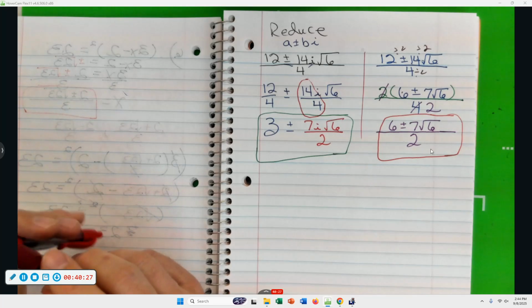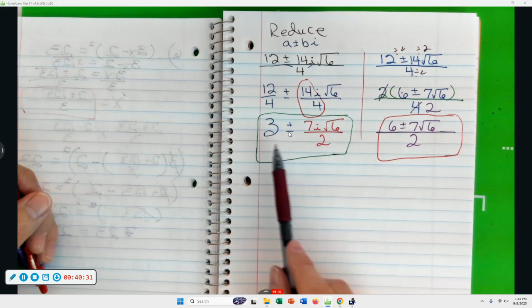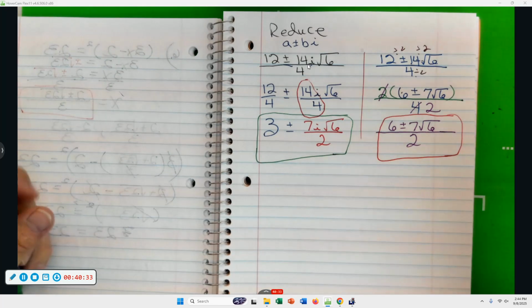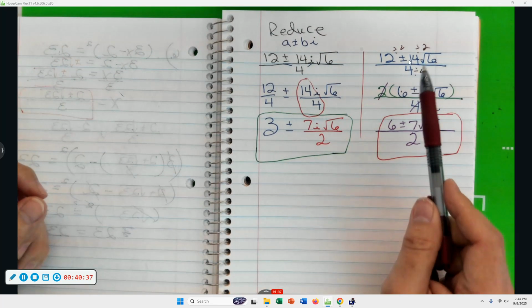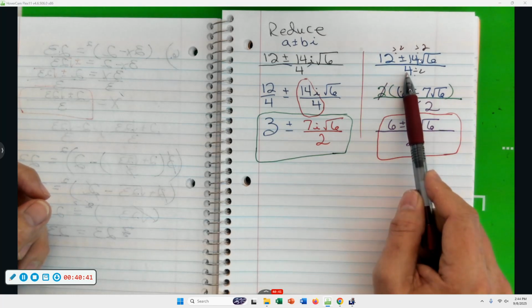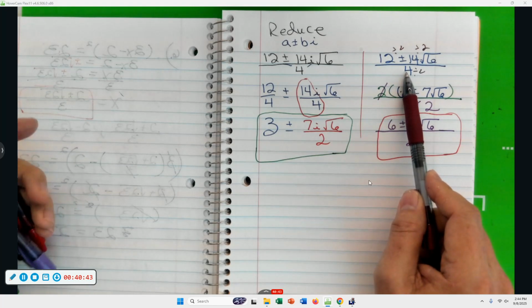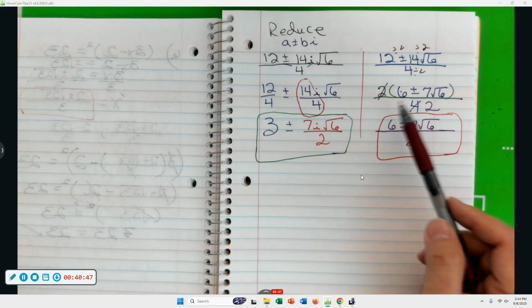If there's an I on top, separate and cancel individually. If there is no I on top, you look at the 3 numbers outside of the radical, 14, 12, and 4. What's the biggest number that divides evenly into those? And that's what you divide through by.